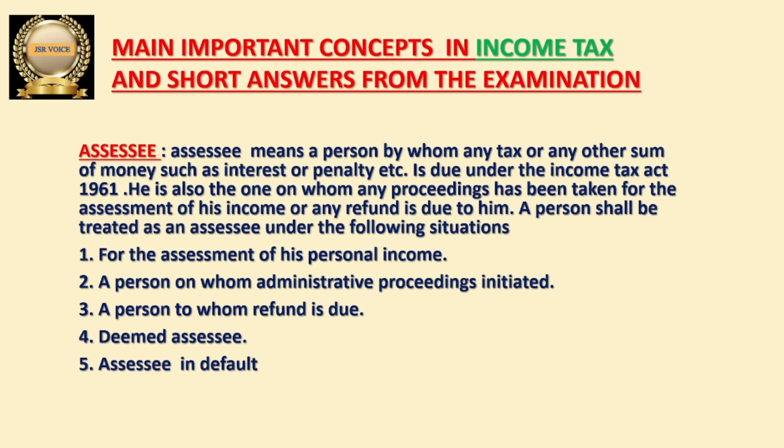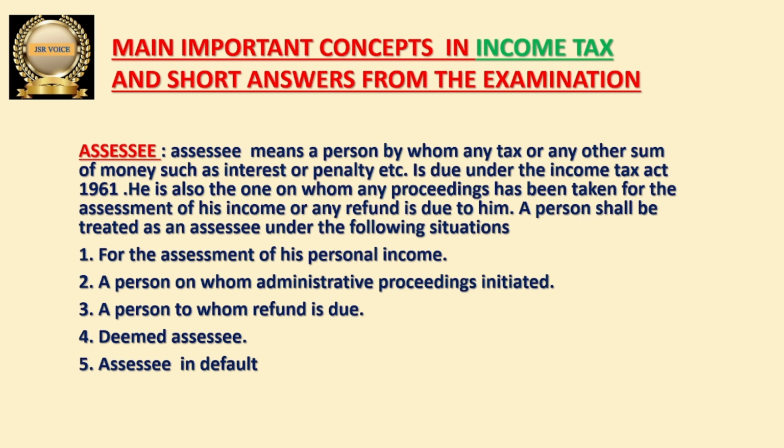he is also one person on whom any proceedings have been taken by the income tax department for the assessment of his income. Suppose his income is exceeding the income tax exemption limit, then he is liable to pay tax to the income tax department.